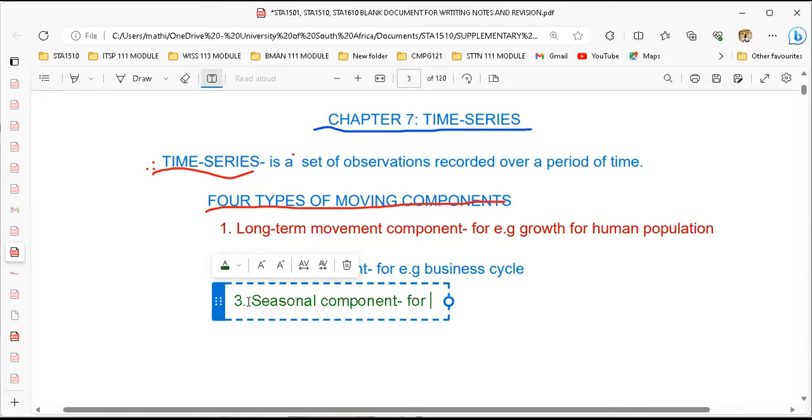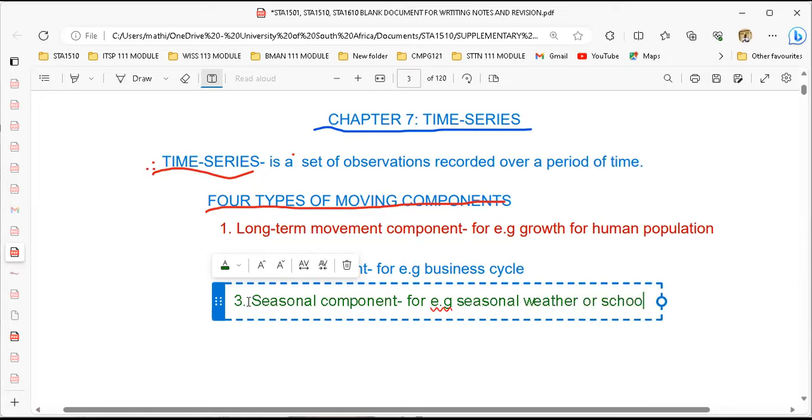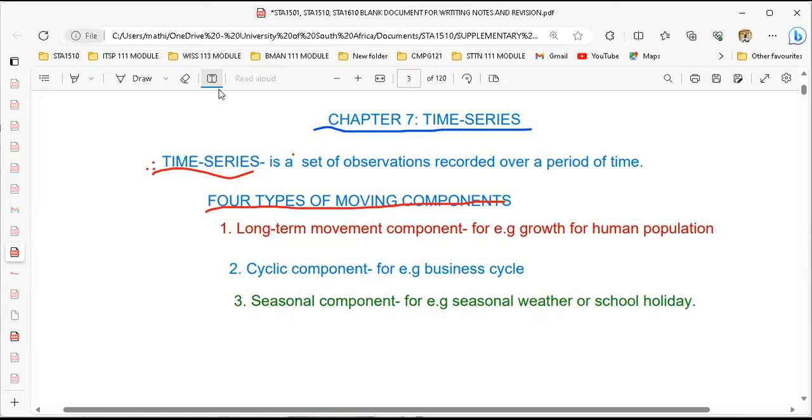For example, the seasonal weather, or we can talk about school holiday. That's number 3. Let's go to number 4 now.